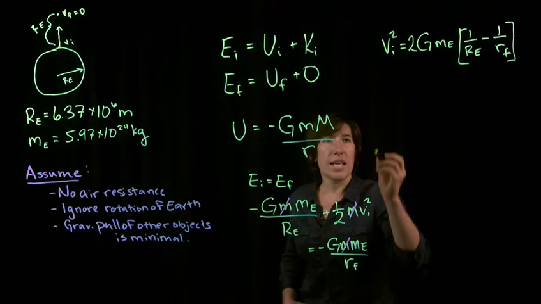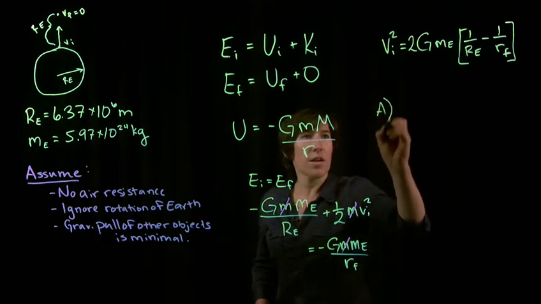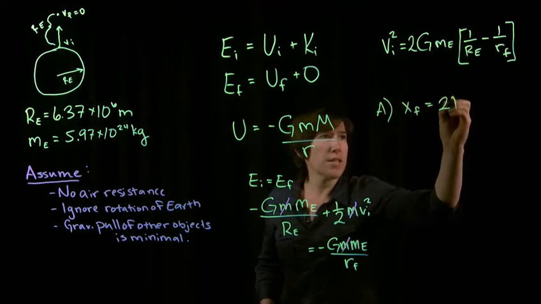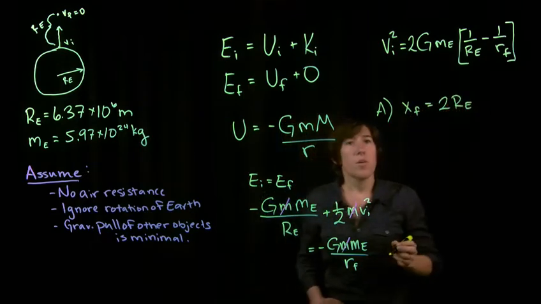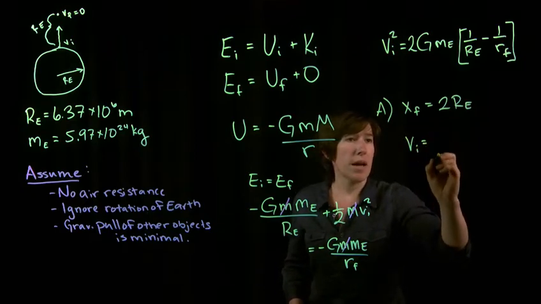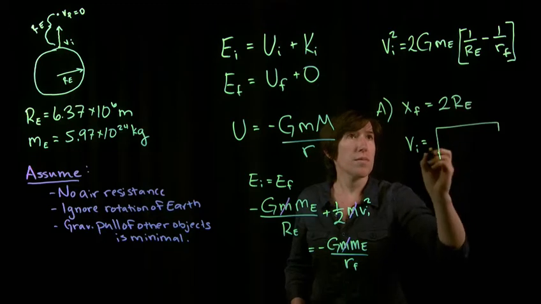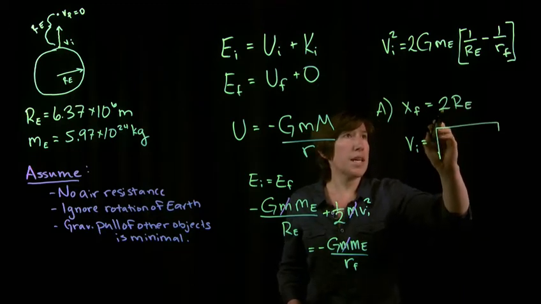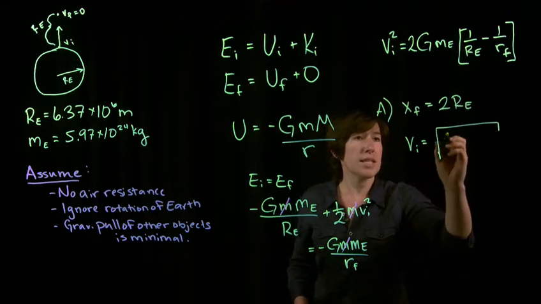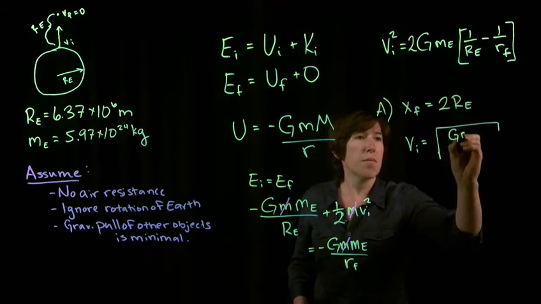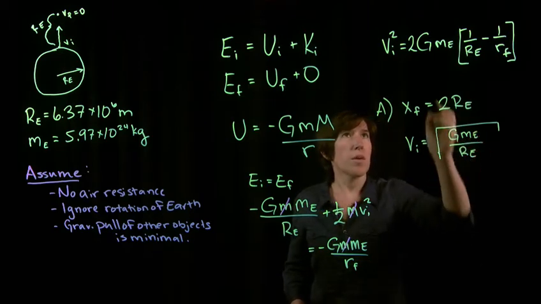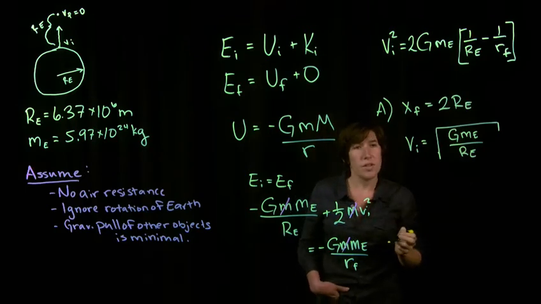So now, in case A, where the final position is given by twice the radius of the Earth, we can now solve for the initial velocity, and that's going to be given by the square root of, now we'll plug in 2 times the radius of the Earth here, and with a little bit of work, we'll see that this is given by G times the mass of the Earth, divided by the radius of the Earth, where the factors of 2 are going to cancel.